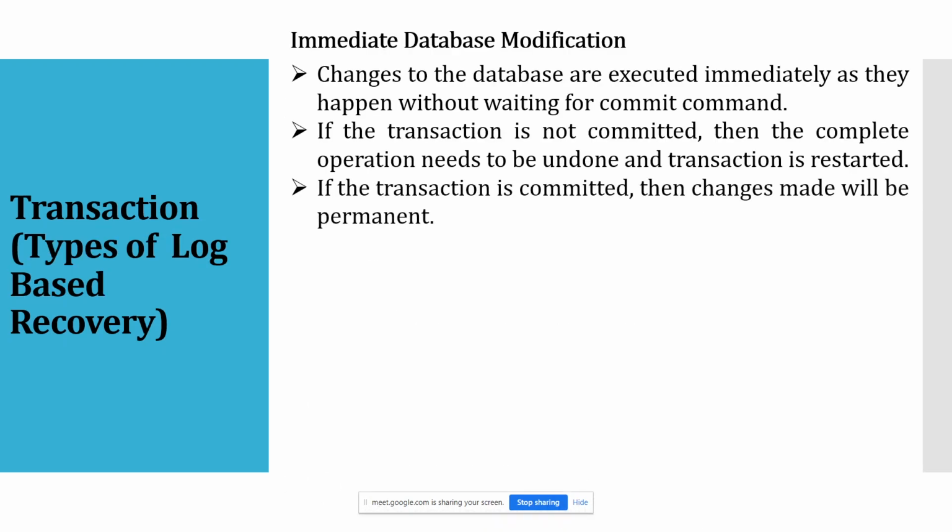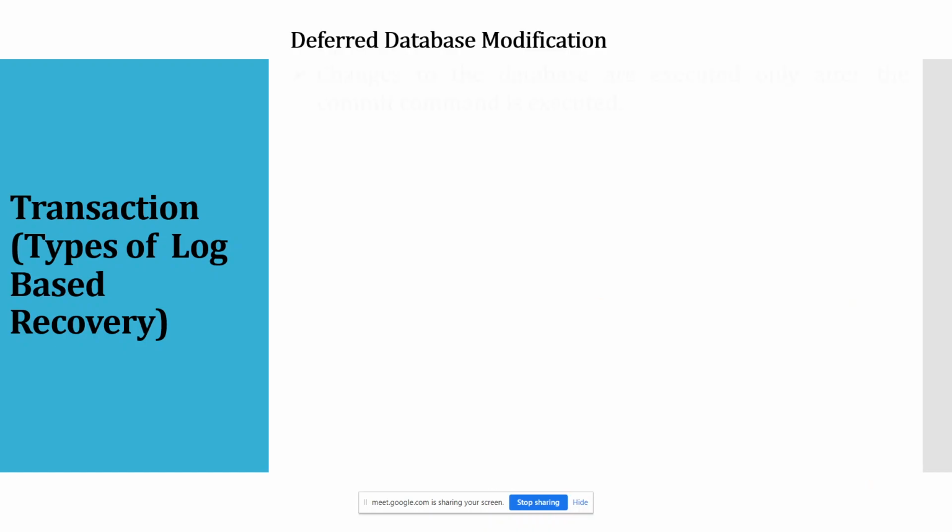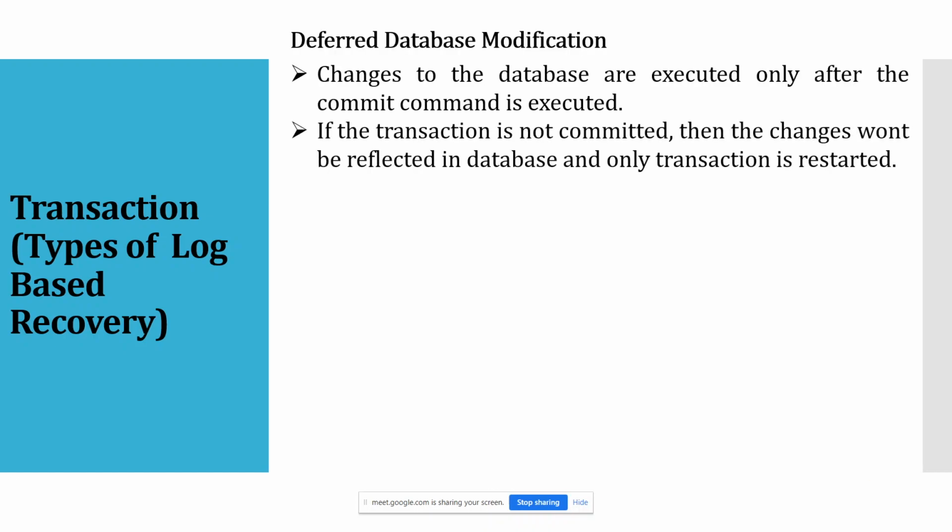So all these things are stored in the logs, right? This is the example, and there are two types of log based recovery: immediate database modification and deferred database modification. What is the main difference between immediate and deferred? Immediate means that if a transaction has an update command, the transaction will not wait for the commit command to be executed; once the update command is executed, it will reflect the changes in the database.